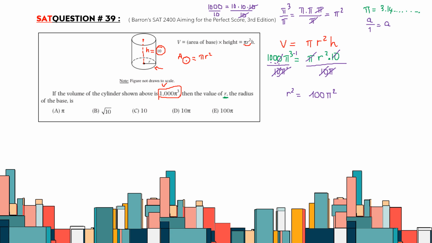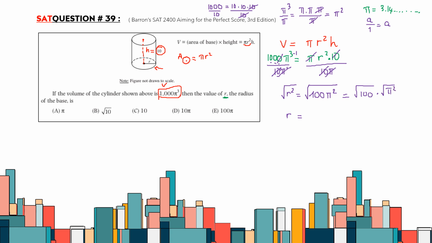Now we take the square root of both sides. So the square root and the square will cancel. So we have r equals the square root of 100 times pi squared. This one you can write out as 100 right here, multiplied by pi squared, right?